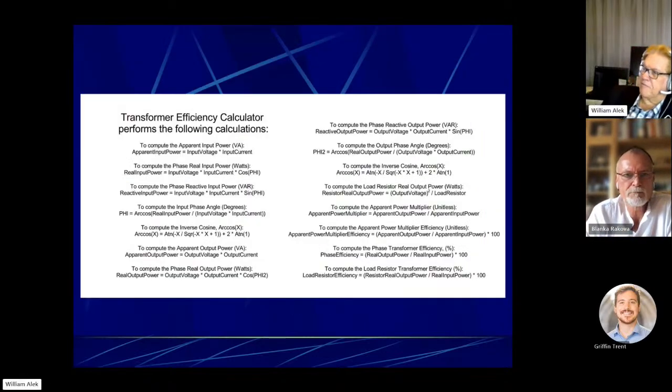And so what is my software doing here? Well, it's doing all these calculations, okay? So it's looking at phase angles, apparent power, reactive power, taking the arc cosine, and doing all this number crunching, okay?